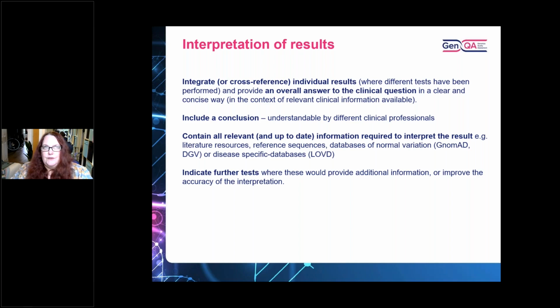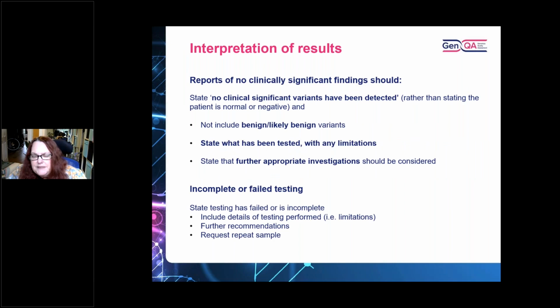So you need to say whether that variant is important or not, really. The report should contain up-to-date information that you can interpret the results with. So perhaps literature, reference sequences, obviously, the databases used, maybe disease-specific databases if they're used, and also suggest further tests.